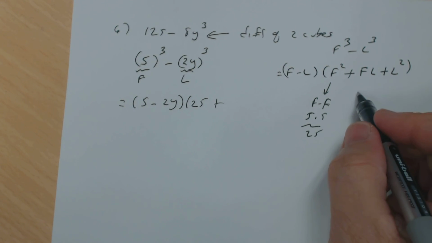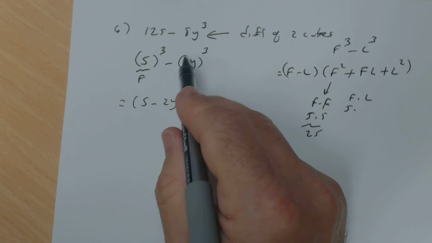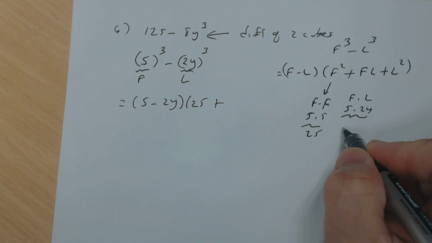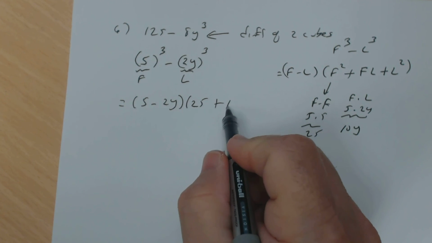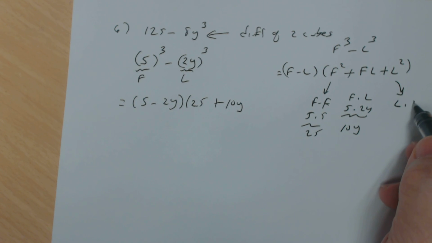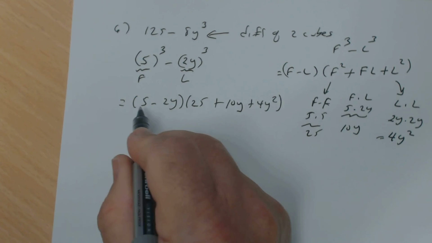Plus F times L, so that's 5 times 2y, which is 10y, so that goes here. And then L squared means L times L, so if L is 2y, I get 2y times 2y, which is 4y squared, and so that goes here. And so there's your answer.